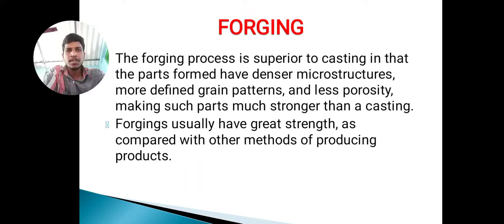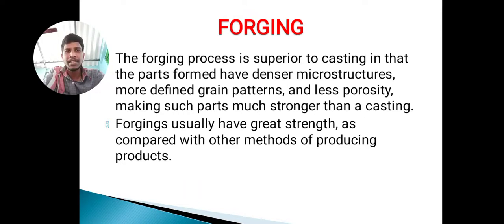The forging process is superior to casting. Why are we calling it superior, higher or greater than casting? Because the parts formed have denser microstructures, more defined grain patterns and less porosity, making such parts much stronger than casting. Coming to casting, we already discussed casting defects: gas porosity, that means blowholes, pinholes and open holes.